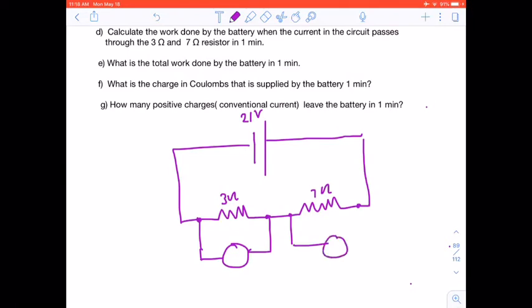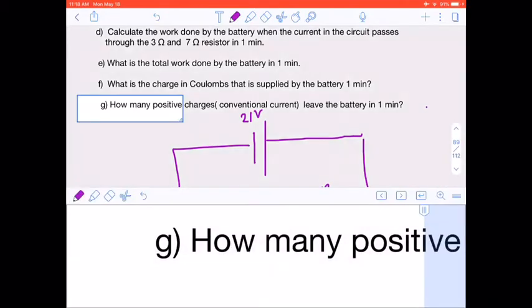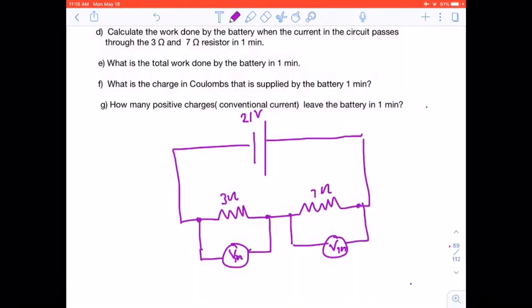So we got a voltmeter here and a voltmeter there, and we could call this the voltmeter across the 3 ohm resistor, and this is the voltmeter across the 7 ohm resistor. So let's just do that nicely.